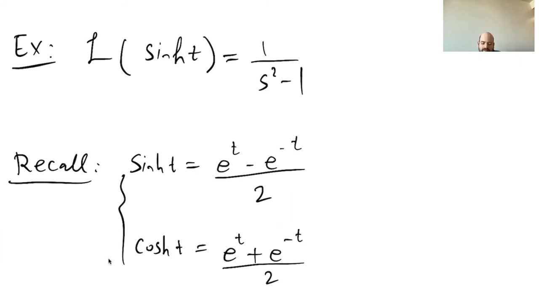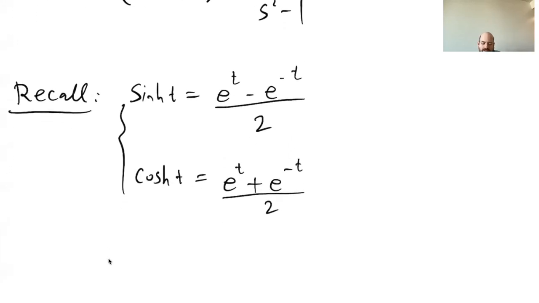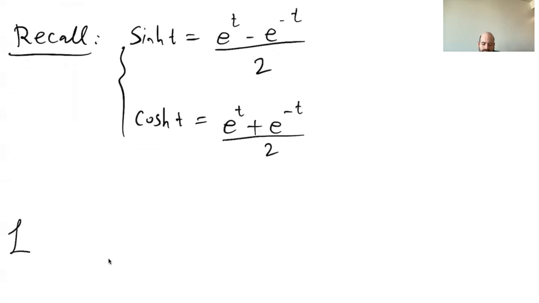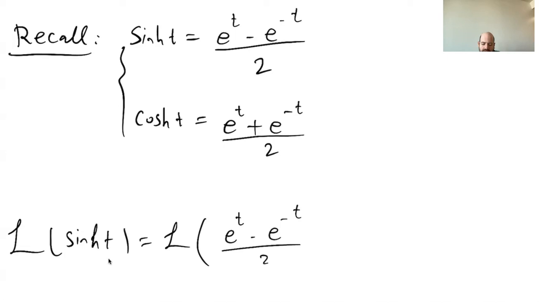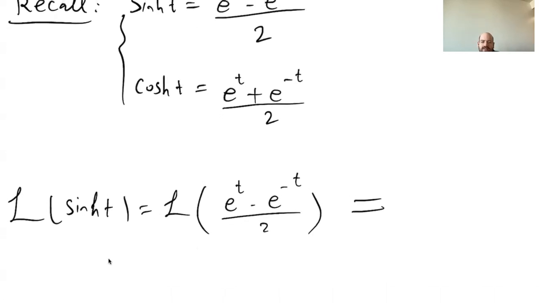So if you want to find the Laplace transform of sine hyperbolic t, this will be the Laplace transform of e to power t minus e to power minus t, divided by 2. Next time we will see that the Laplace transform is a linear transformation. I already mentioned at the beginning of today's lecture that it's linear, but next time we'll prove it.